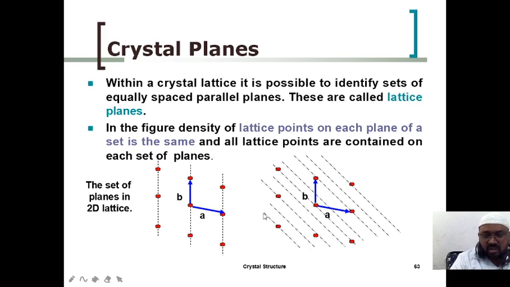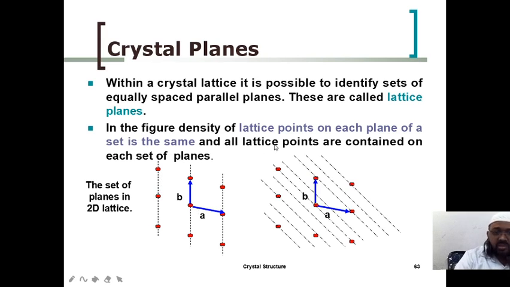When you arrange the lattice points, how will the planes look in the x and y directions? Like this. Here this distance is a, and this distance is b. Here also the distance is a, and here the distance is b. So this is called a set of planes in a two-dimensional lattice. Like this, you can imagine drawing different types of planes.